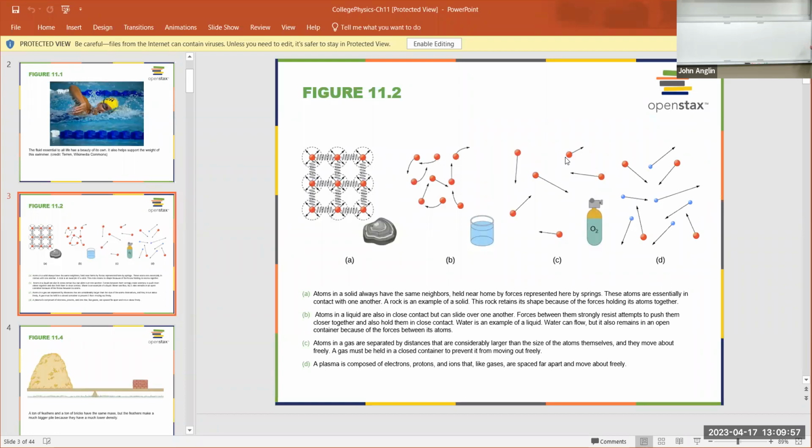Notice plasma looks a whole lot like a gas, except in addition to the little red element dots, we have these little blue things that represent free electrons. The reason that we typically don't treat plasma as a typical fluid or gas is because of these free electrons.